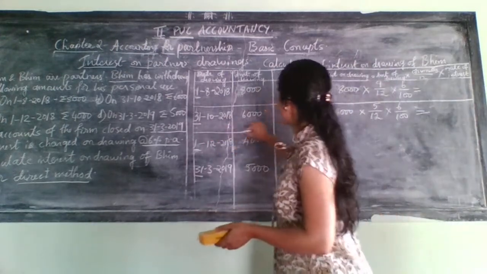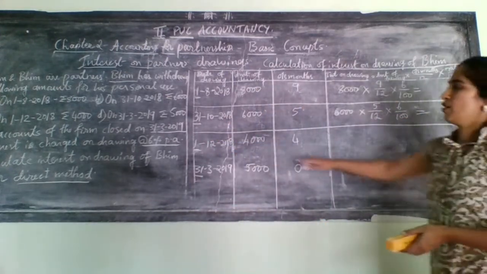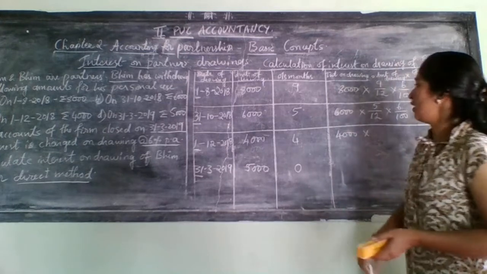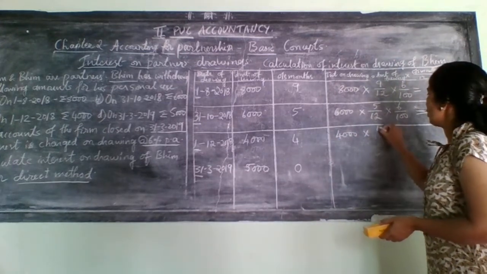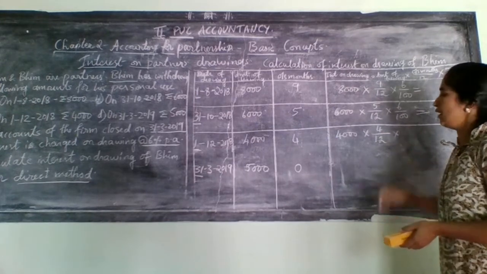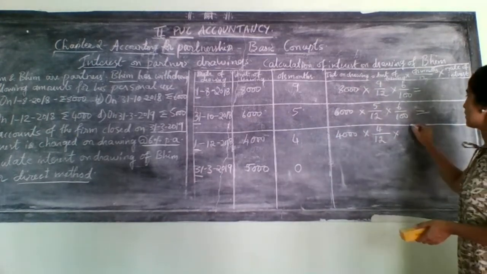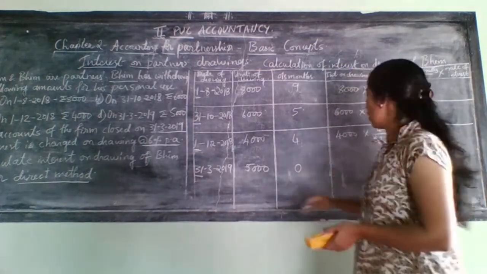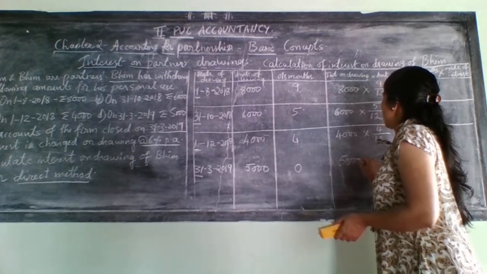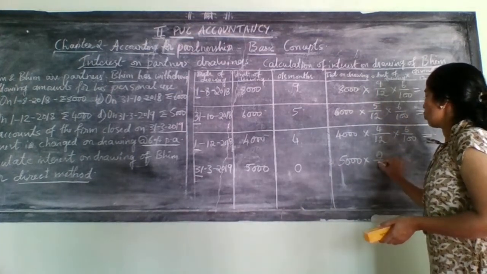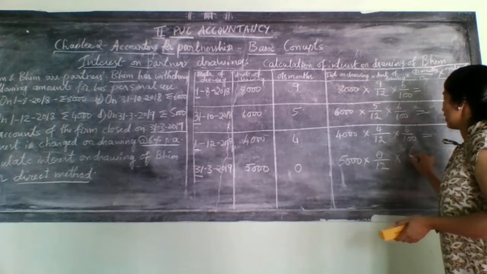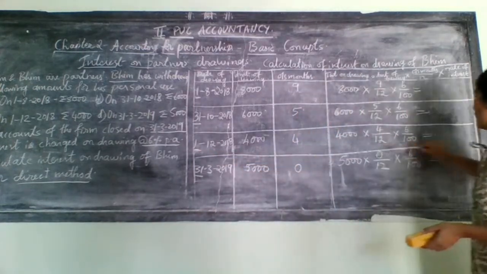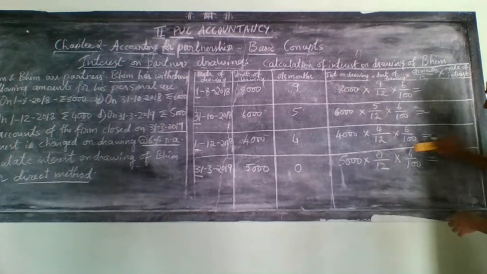Next one, amount of drawing 4,000 into outstanding months 4 divided by 12 into rate of interest 6%, 6 by 100. Next, amount of drawing 5,000, outstanding month 0 divided by 12 into 6 by 100 is equal to.